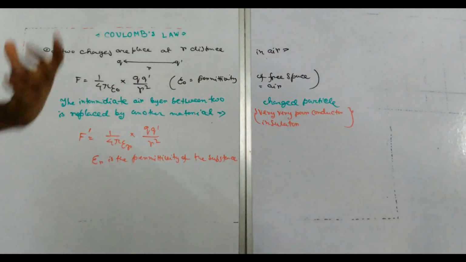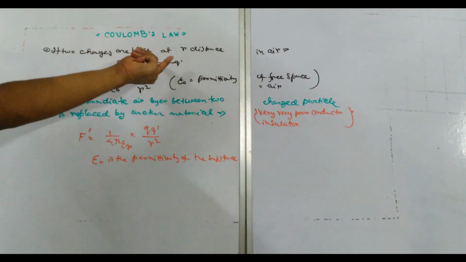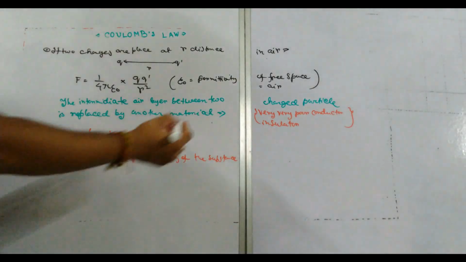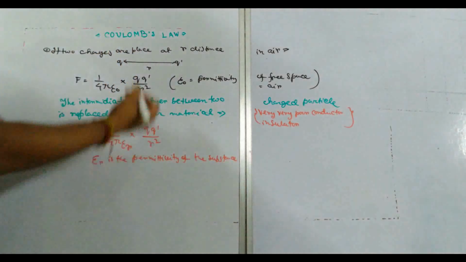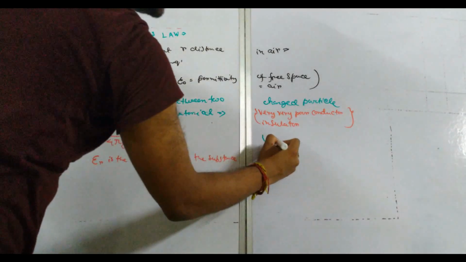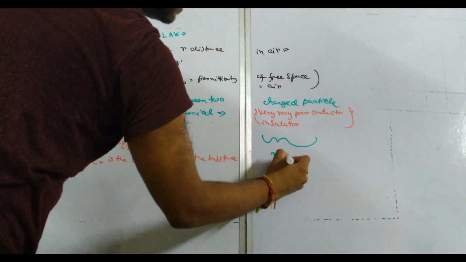The substance which replaces the intermediate air layer is known as dielectric material. So the insulator or very poor conductor material which replaces the intermediate air between two charged particles is known as dielectric material.